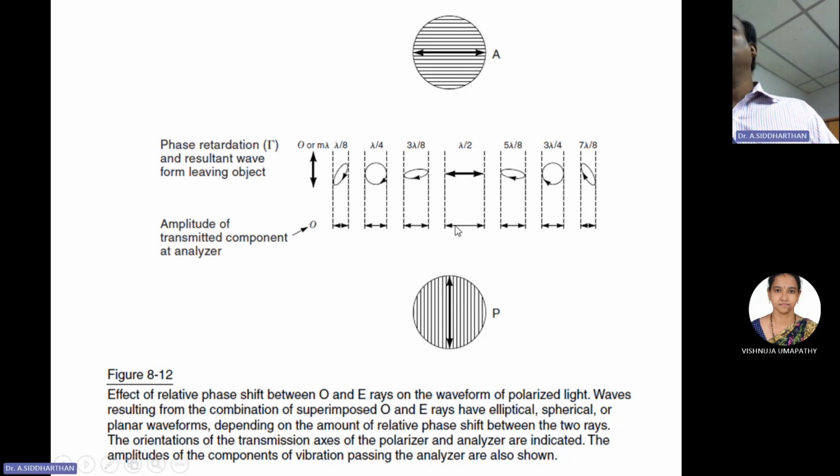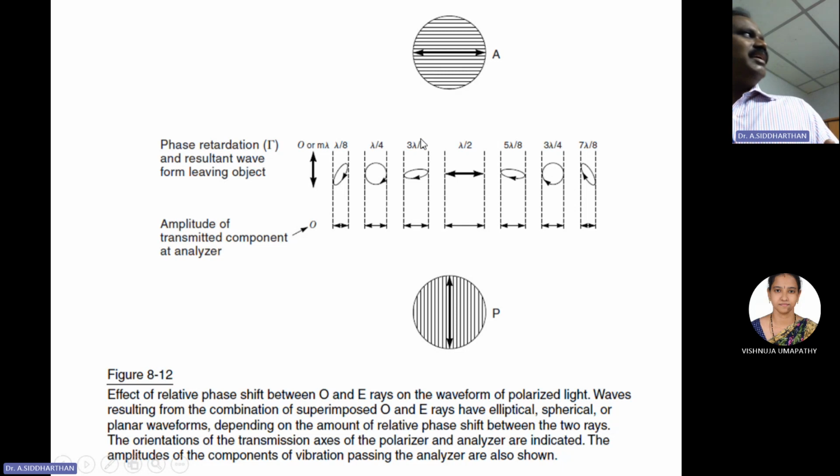The resulting wave: this is vertical, and this one is horizontal. The resulting waves differ by a path difference of 3 lambda by 8, 5 lambda by 8, 7 lambda by 8. What is happening?